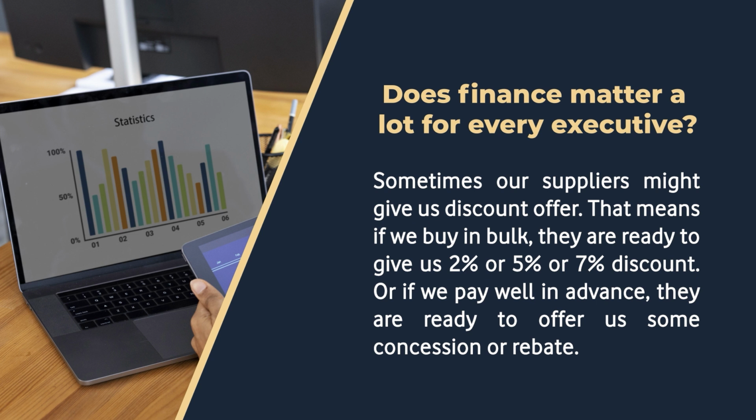Or if we pay well in advance, they are ready to offer us some concession or rebate. Now whether that rebate is worthwhile or not, because when we buy in bulk, our huge resources are involved. More capital will be invested in the inventory, and that capital has cost to us. That means interest or loss of opportunity cost.